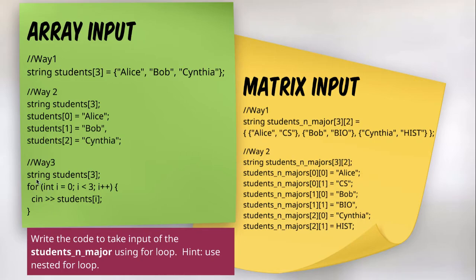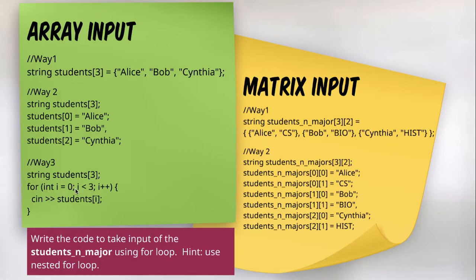So here, first I have declared the array, that is data type, array name followed by the size of the array inside box brackets. Then I have used a for loop. Since the array starts from index 0, I have designed my loop variable to start from 0. So that is int i equals 0.